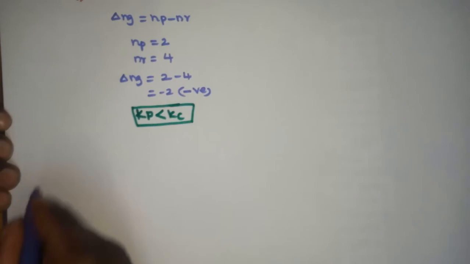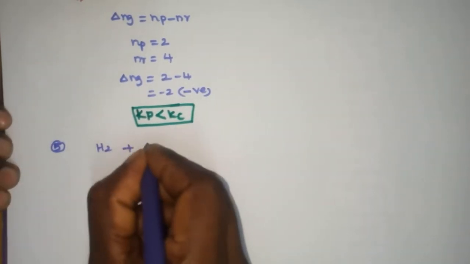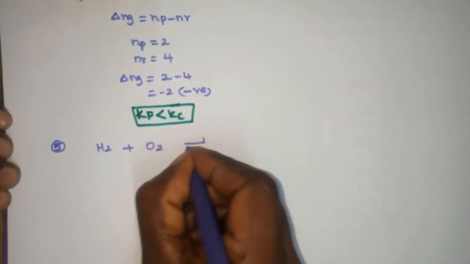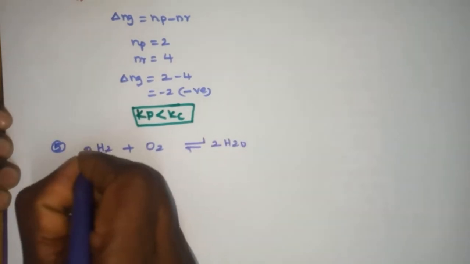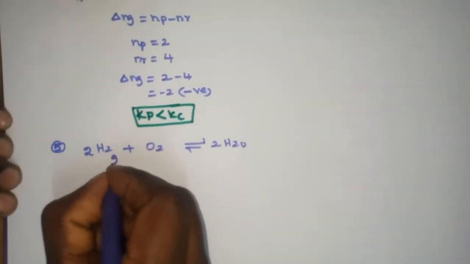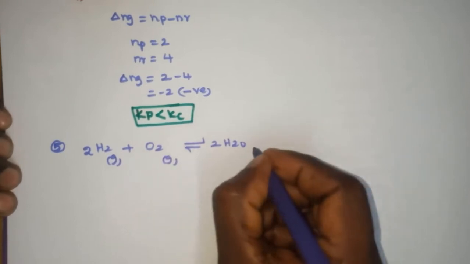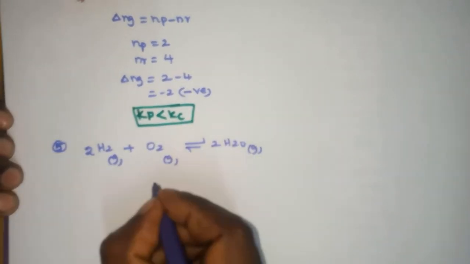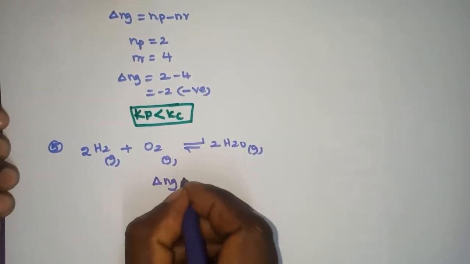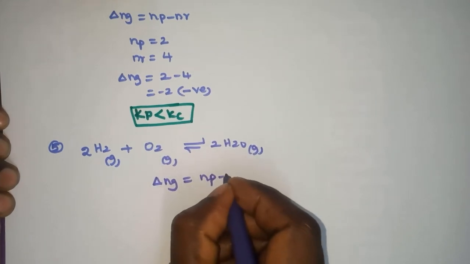Another example, hydrogen and oxygen combine to form a water molecule. 2 moles of hydrogen and 1 mole of oxygen react to form 2 moles of water. Delta Ng for this equation equal to Np minus Nr.